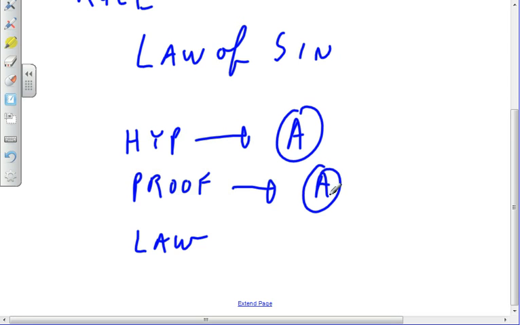So that'd be the proof, and then there'd be a law. Now, this guy here doesn't have to be right. That guy doesn't have to be right. Laws not only have to be right, but they can't be broken. Okay. So name me a law.